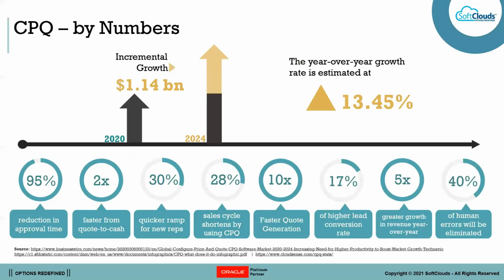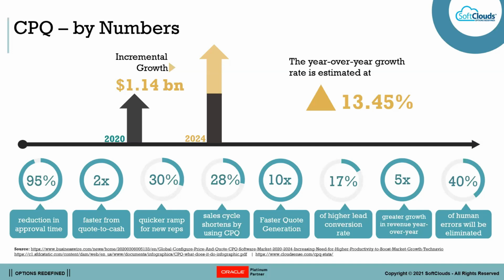So the CPQ process does a number of things for a company. What you can see here is using CPQ results in a 95% reduction in approval time, a 2 times faster quote to cash process. It helps bring on new reps more quickly, because instead of having to learn complex pricing scenarios, they need to learn how to use the CPQ system, and that enables them to get up and running to start to create quotes and start to generate revenue.